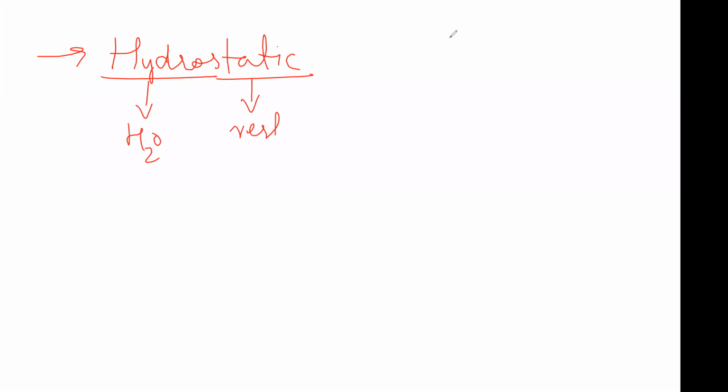Suppose the water is in a particular position or particular container but it is not in motion, it is not moving, then what do we call it? I will tell you the difference between liquids and fluids. First, just listen to what we are discussing. Here, take the water example.